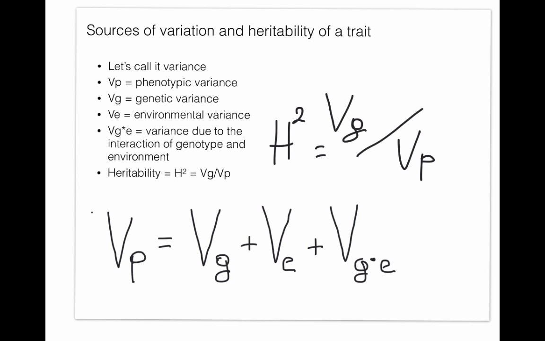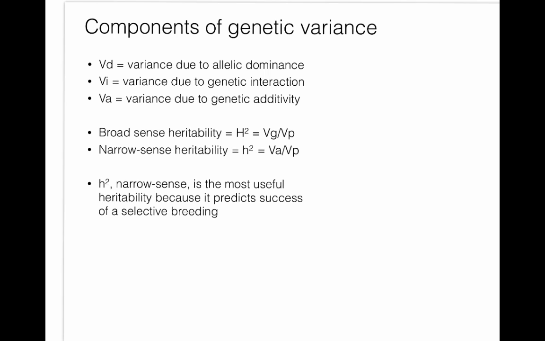Let's think though about the types of genetic component that give us the variance. That is, if I look at a trait and I'm asking, why does the trait vary? It could be because the gene contributing to this trait is exhibiting simply additive effects. For example, a trait may follow the type of distribution that I showed you, where big T big T would have this height, then big T little t would have this height, and little t little t would have this height.